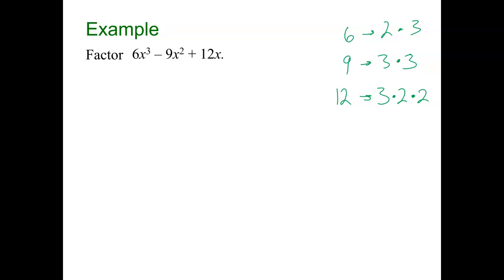So 3 times 4 gives me 12, which is good, right? But 4 is not prime because I have other factors besides 1 and itself. A number is prime if its only factors are 1 and itself.